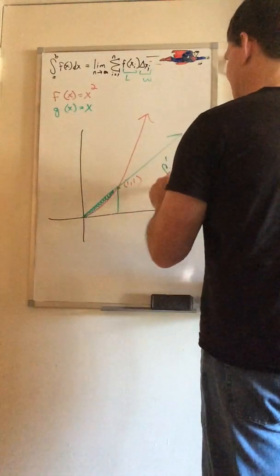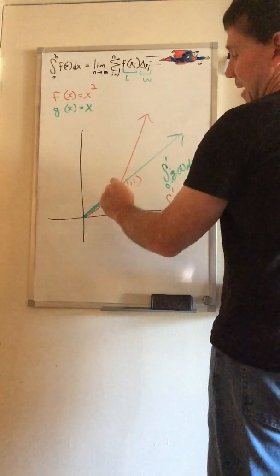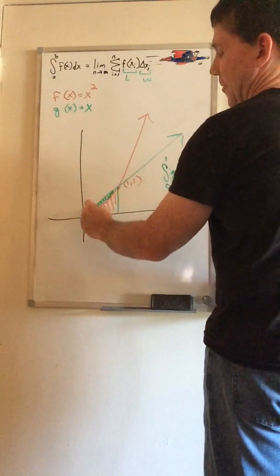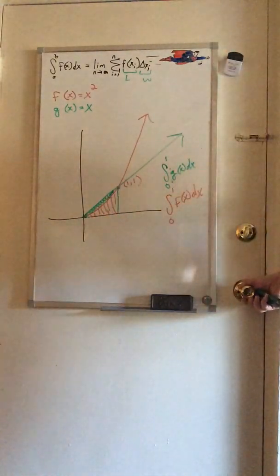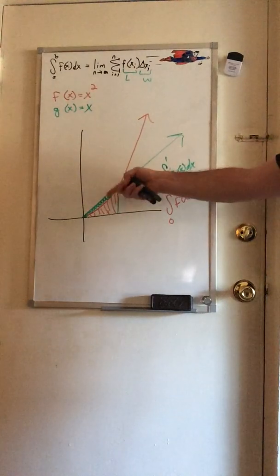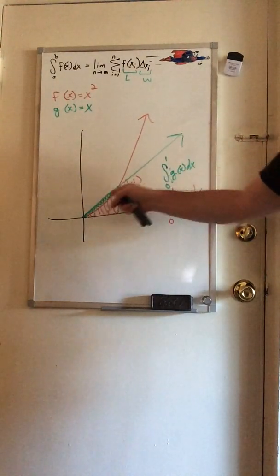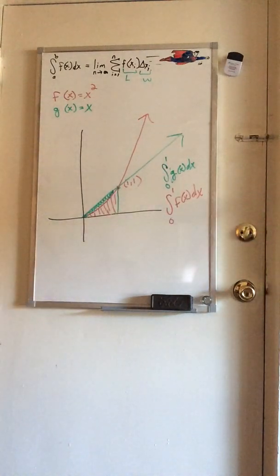If I integrate from 0 to 1 f of x dx, that will give me the area under the red one, which now I'll color in. It'll be right here. Now if I find the difference between those two, just like the donut and the picture frame, it has to be the stuff between them, which is what I want.